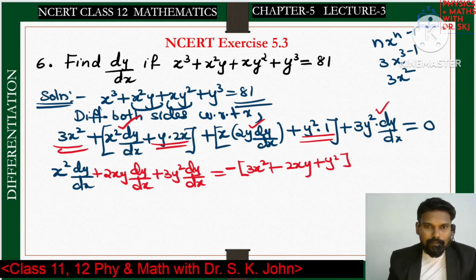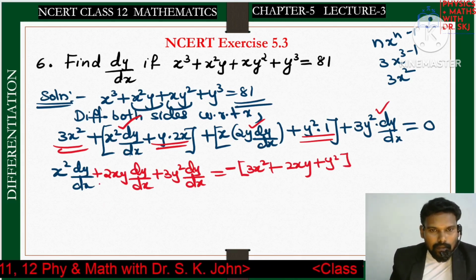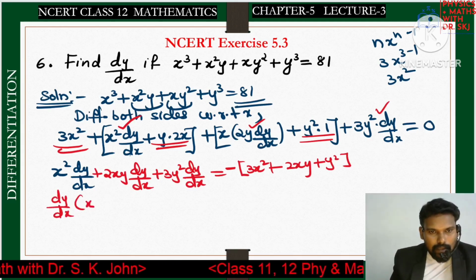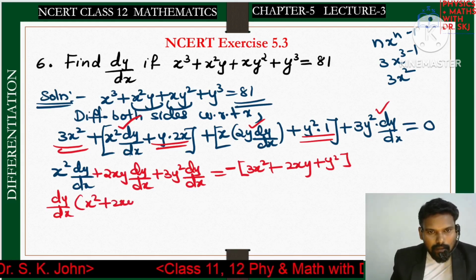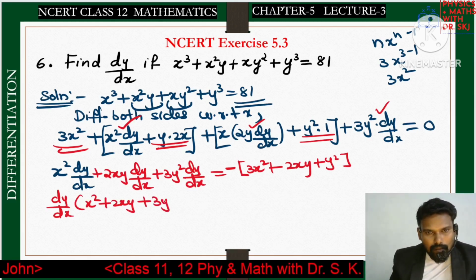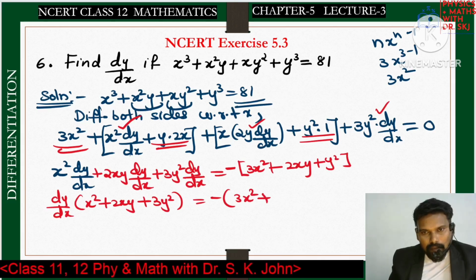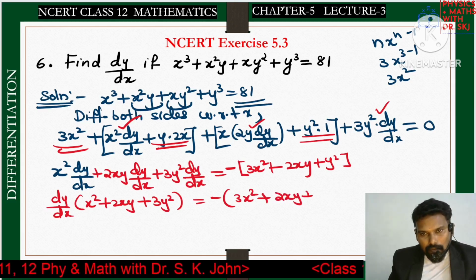Those three terms. Okay. And here you can take dy by dx outside, and you can write x square plus 2xy plus 3y square. That is equal to minus of 3x square plus 2xy plus y square.